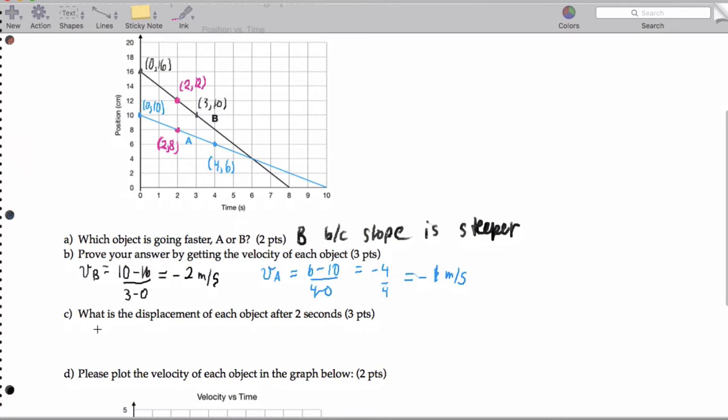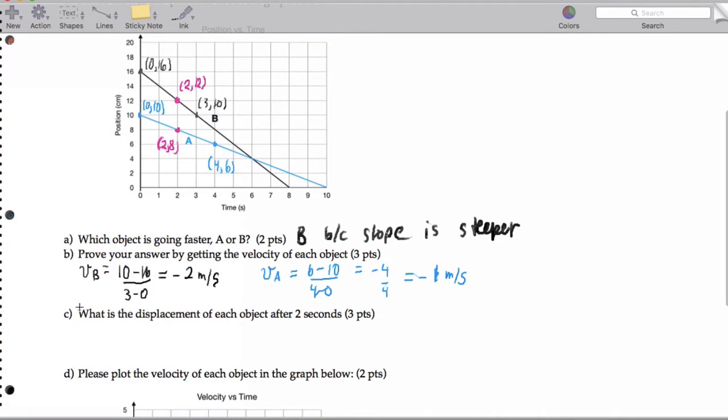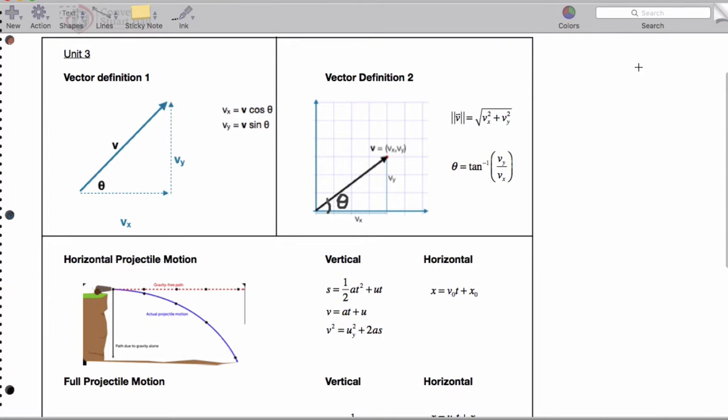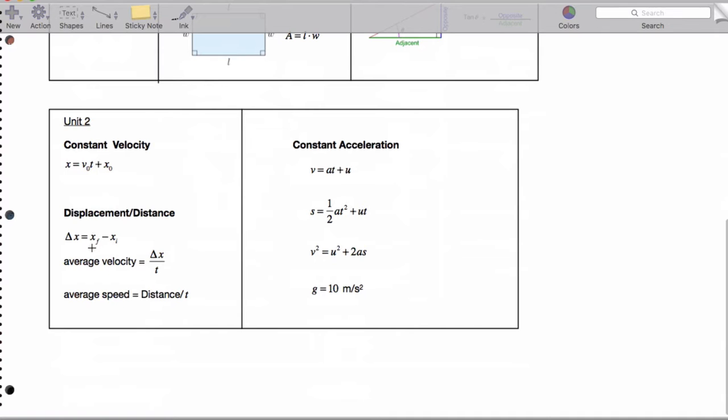So let's be clear, displacement is the change in position. So for object B, I'll just do that one first. So for object B, its displacement is going to be 12 minus 16, which is -4. Because let's remember, even from our formulas, displacement right here is the final position minus the initial position.